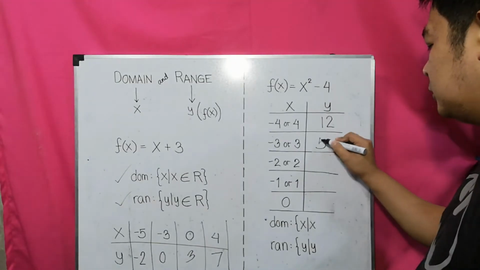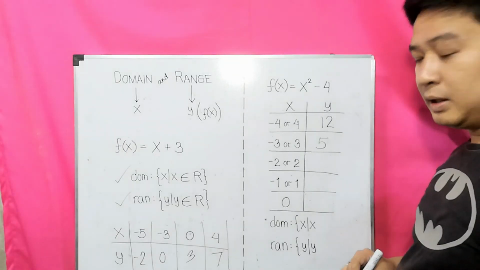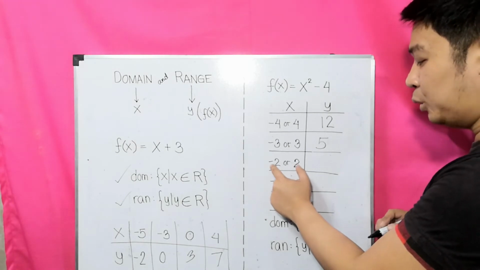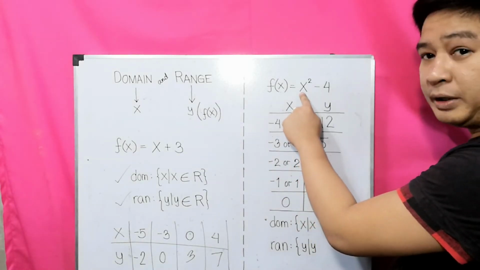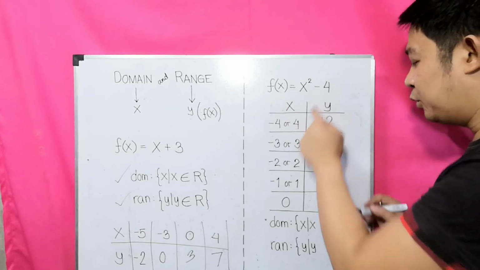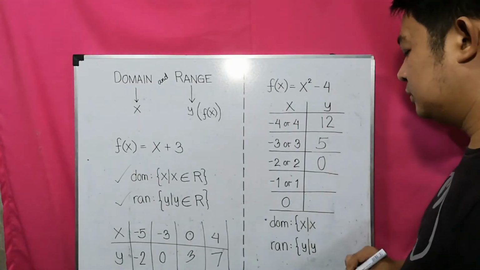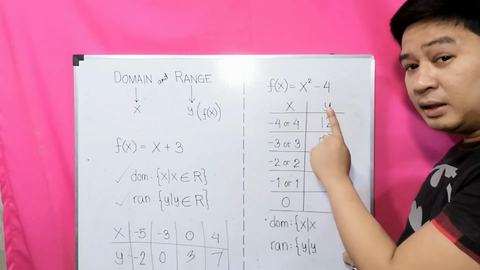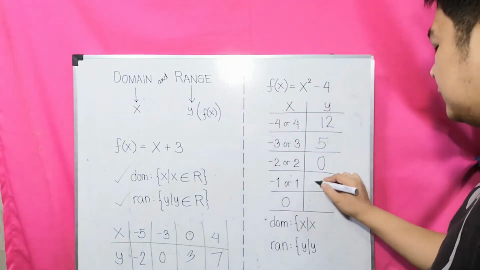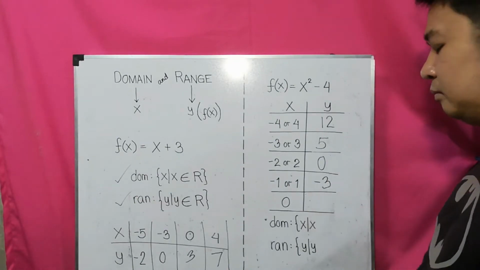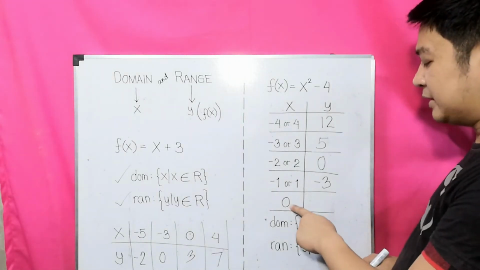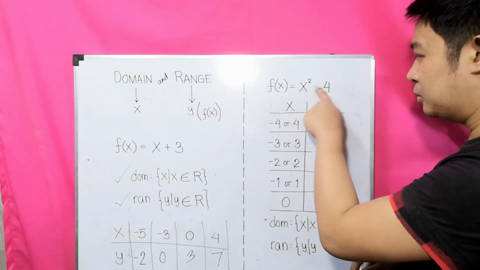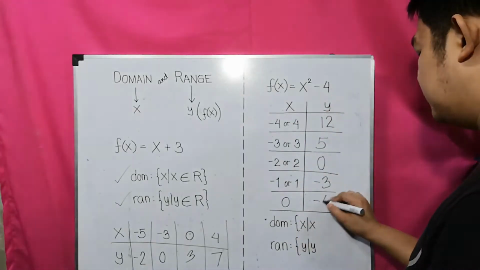This is now equal to 5. And for this one, negative 2 or 2 squared, it will be 4 minus 4, 0. Negative 1 or 1 squared is 1 minus 4, negative 3. And if our x now is equal to 0, so 0 minus 4, you have negative 4.